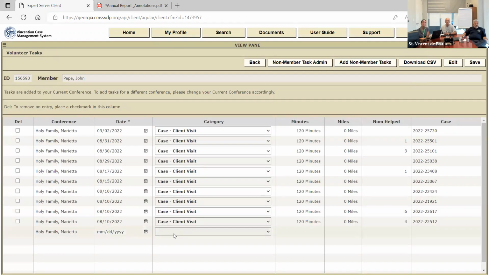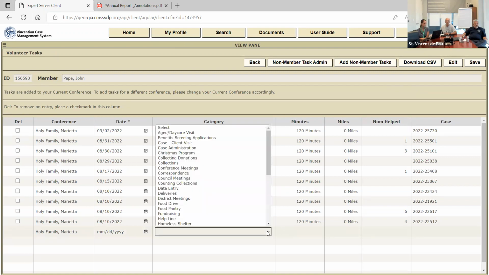This is how you do it right here. And then you add your hours and miles for specific categories, whether that be Christmas program or counting collections or whatever. You've got to get your hours and miles in.